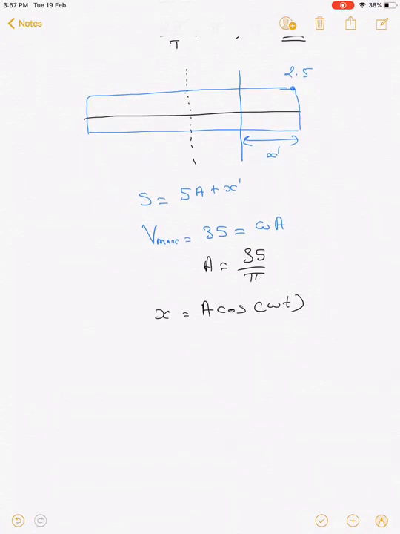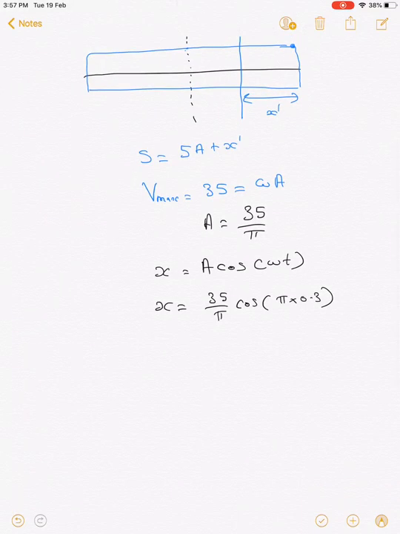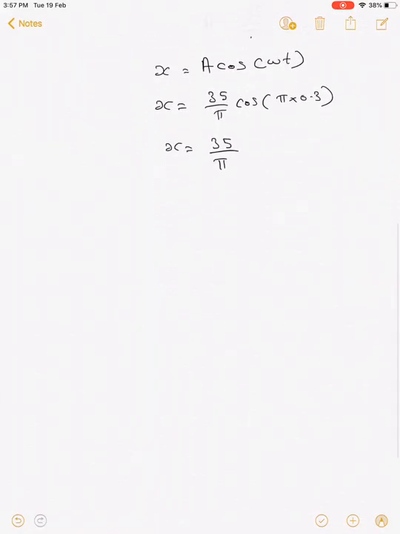A is 35 divided by pi, into cos of omega t, which is pi into 0.3 seconds. So x equals 35 by pi into cos of 180 into 0.3, which is around 54 degrees.